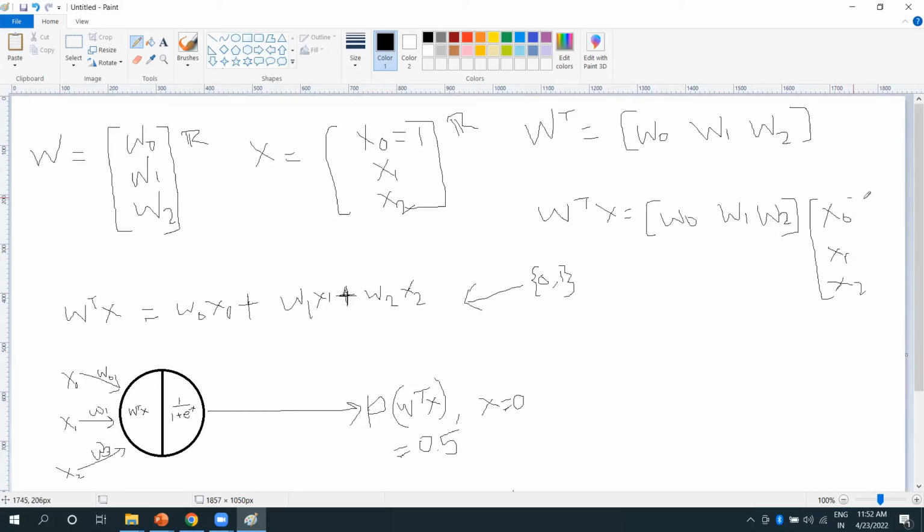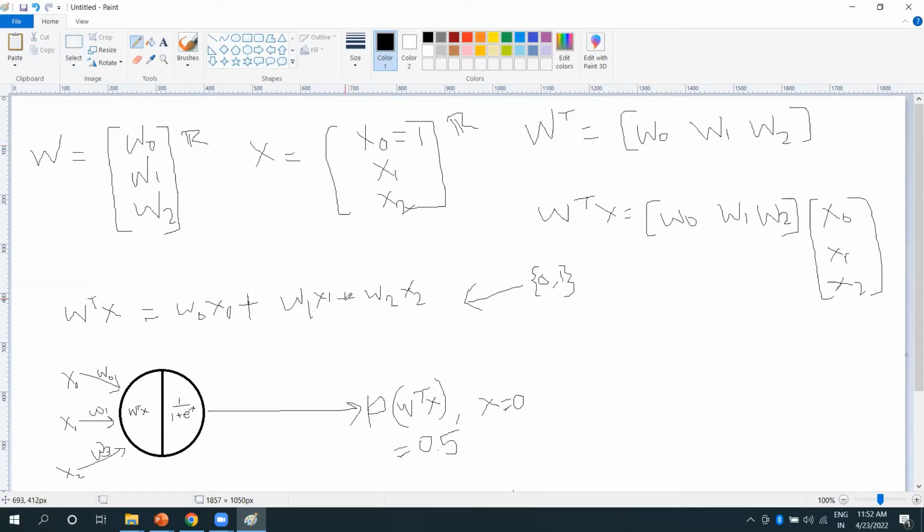How many columns does the W transpose vector have? 3. And the number of rows that the second X vector has is also 3. So W transpose X can be calculated, and it is nothing but this expression.